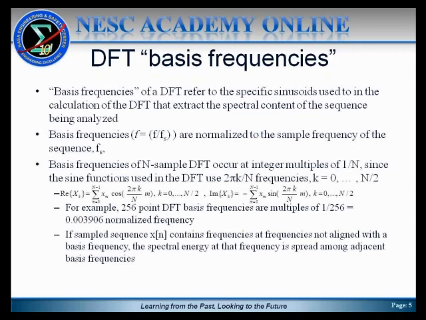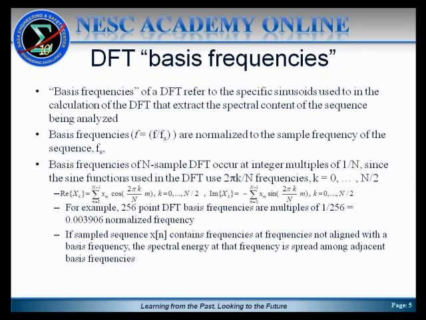The basis frequencies of an n-sample DFT occur at integer multiples of 1 over n, since the sine and cosine functions used to compute the DFT coefficients use 2 pi k over n as the frequencies of those sinusoids, where k varies from 0, 1, 2, 3, up to n over 2, and n is the number of samples in the sequence you're analyzing. Shown below is the calculation of the real and imaginary parts of the DFT.